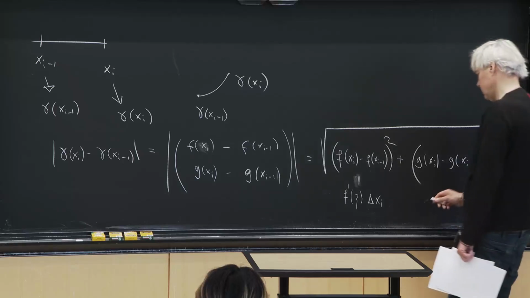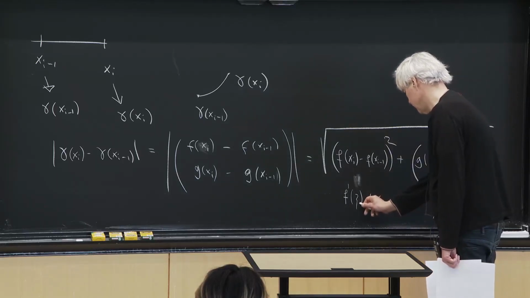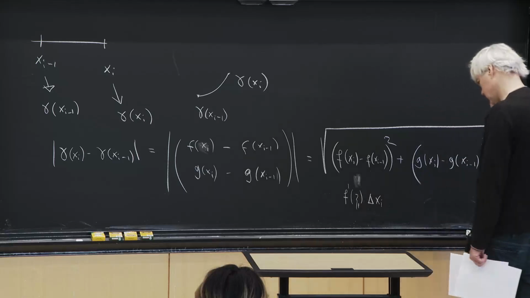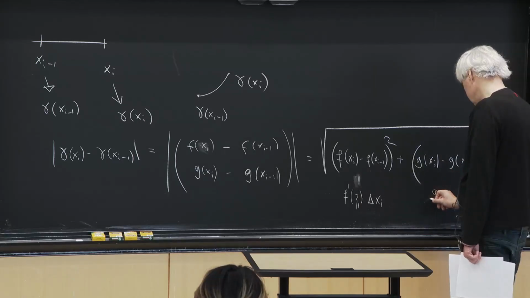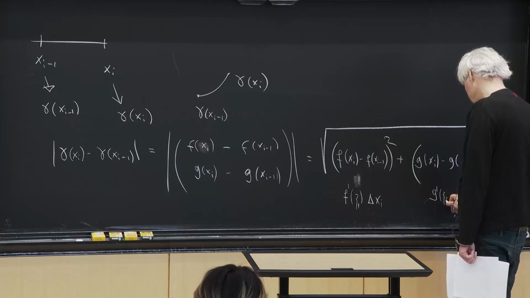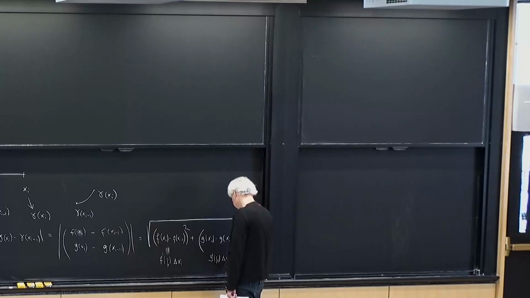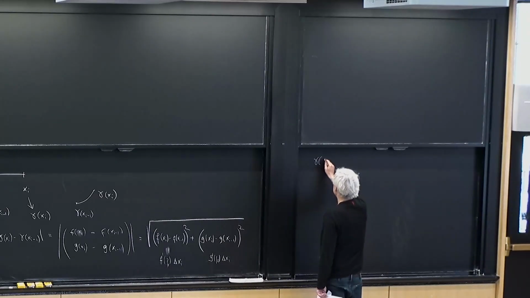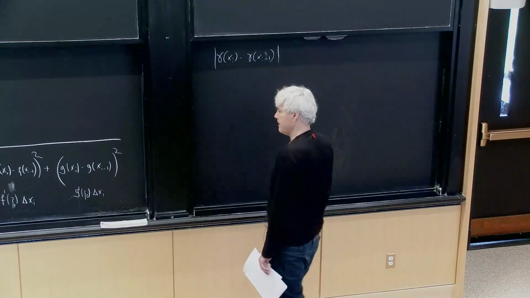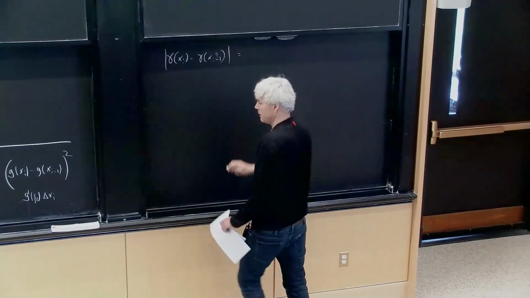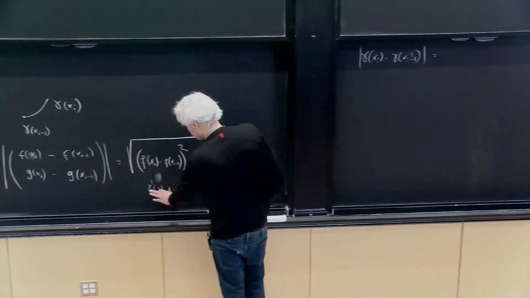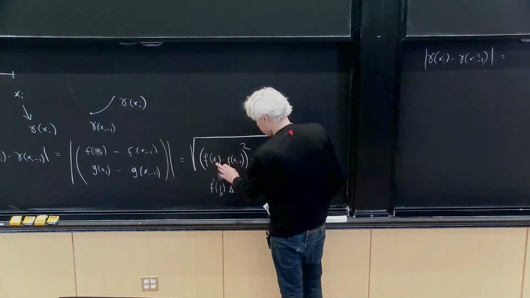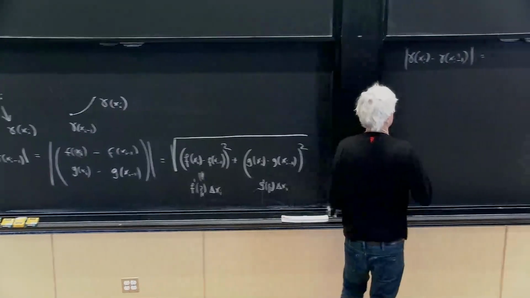And likewise, this is at some intermediate point. And likewise for this, there's some intermediate point times the length here. So this means that the length of this little line segment is equal to, and you see that when you take this thing here and you square it, then you can factor out, so let me just write it out.